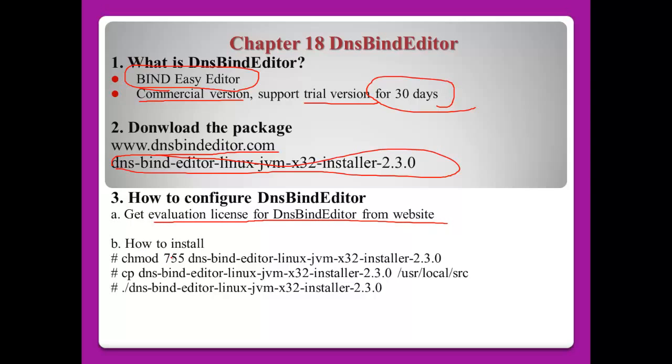After downloading this package, you have to change the permission to 755. And in my case, I copied this one to the directory /usr/local/src. After that, if you start it like this, it will start the installation.